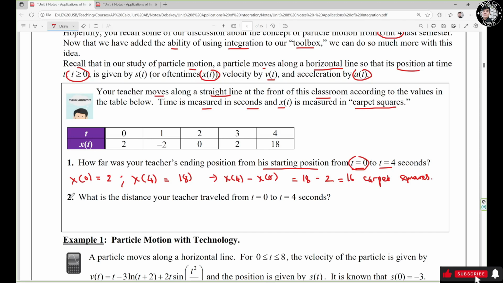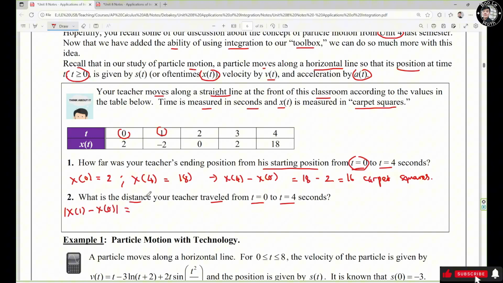Question 2. What is the distance your teacher traveled from t equals 0 to t equals 4? So you need to calculate the absolute value of the change from 0 to 1 first: s of 1 minus s of 0.